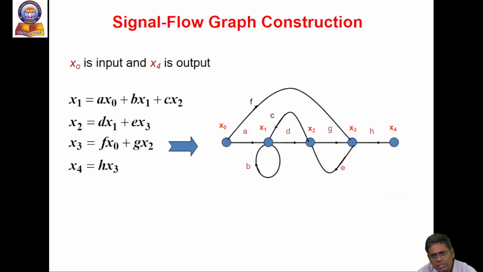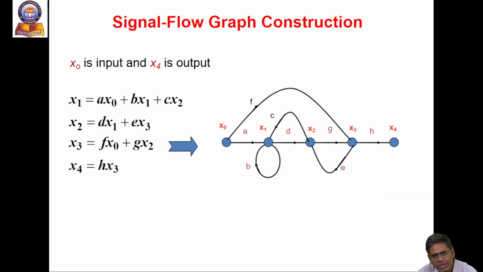Algebraic equations can be represented as a signal flow graph. The first is x1 equals a x0 plus b x1 plus c x2. X1 is an output signal, with signals coming towards x1 from x0, x1 and x2. The second equation is x2 equals d x1 plus e x3, so the signal towards x2 from x1 has gain d, and from x3 has gain e.